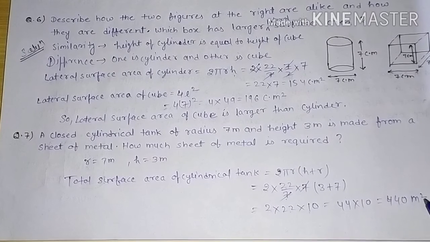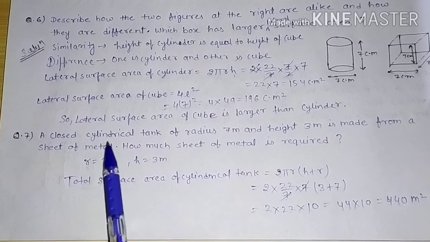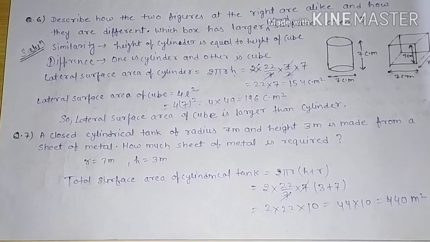Now this is the 440 meter square of metal sheet required to make this cylindrical tank. Okay, now this is the answer.